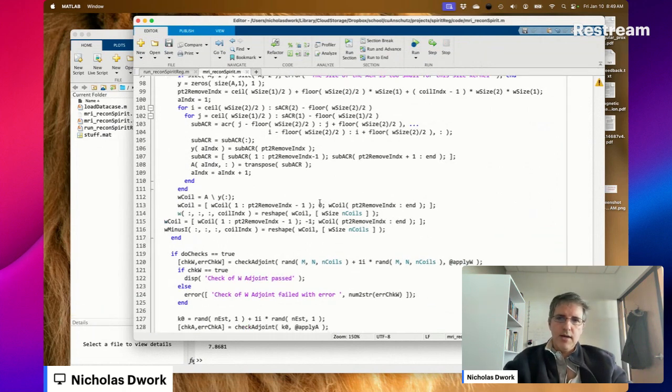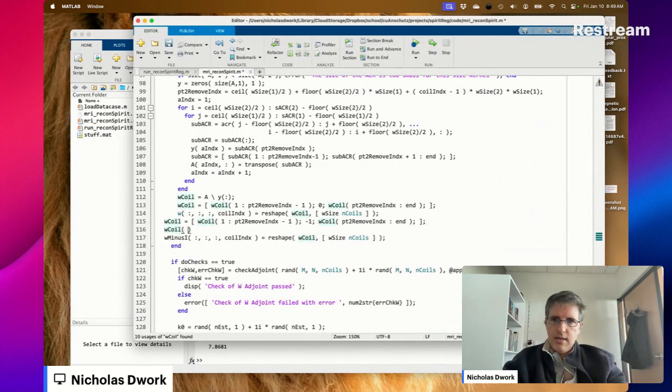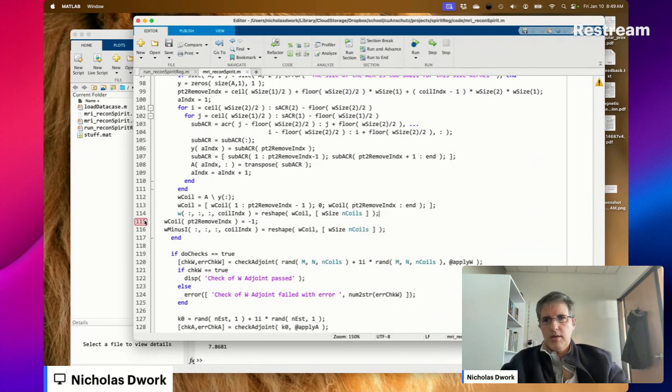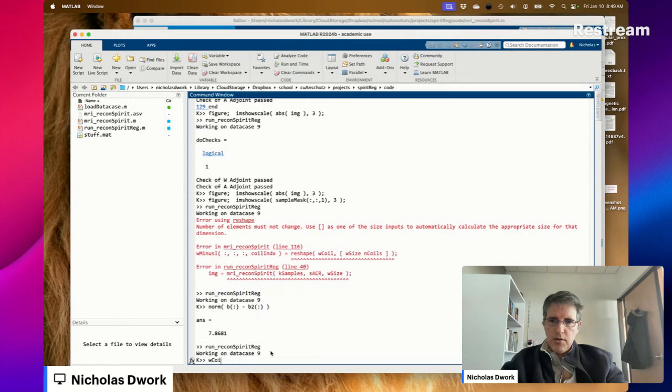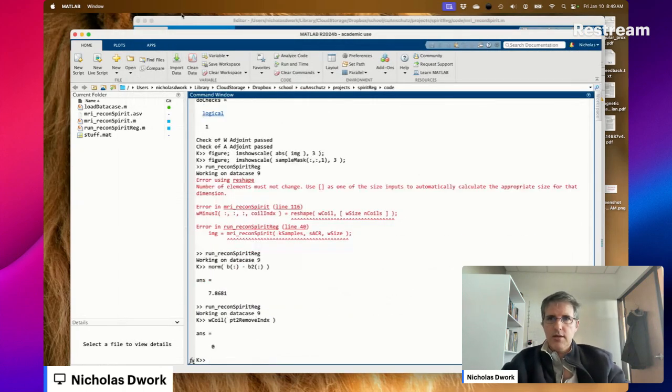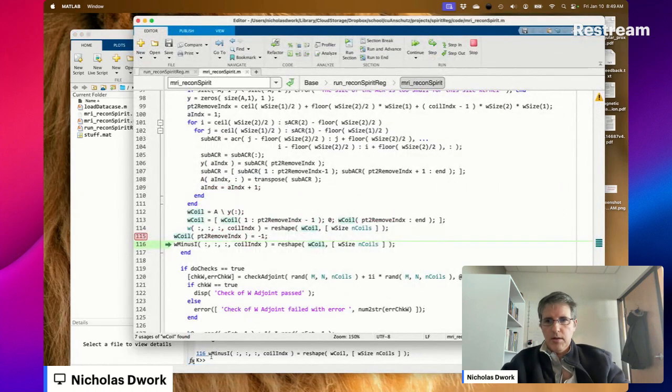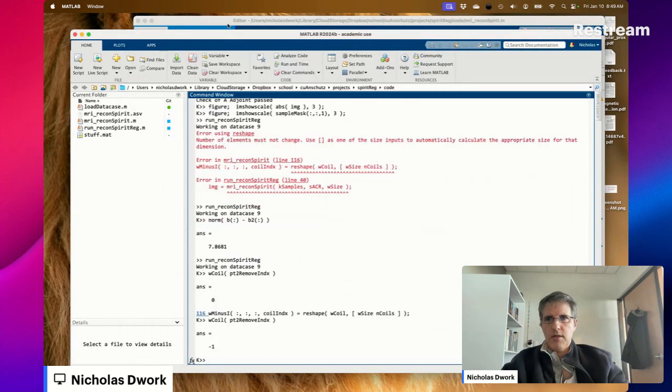Because I'm extending the size of W coil here. So if I did this, that should work. So W coil 0.2 remove index is currently 0. And if we step, then it becomes -1.